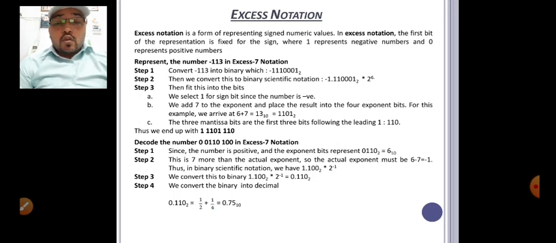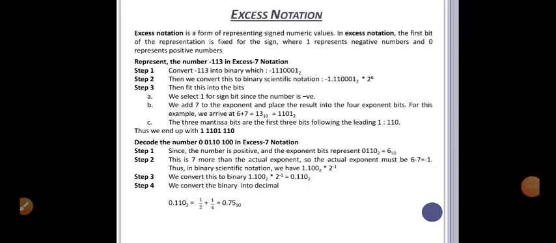You are not allowed to skip a single step, because if you skip any step, you will face problems in solving this question. It is also given in your book, so you can go through your books to understand this topic. Let us start today's class of excess notation.